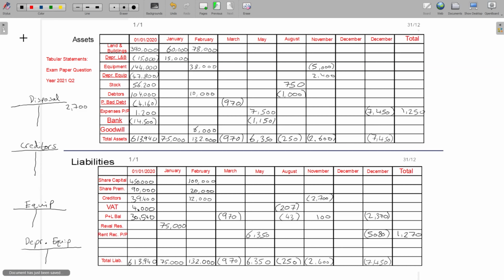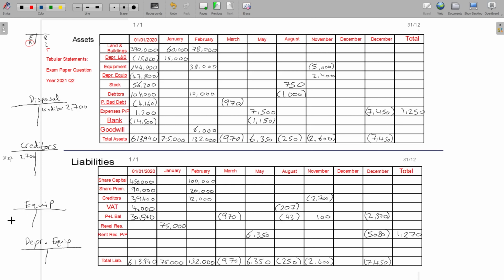And then we have our P&L. So if we are reducing our creditors, so creditors is a liability, if we're reducing it, it's going to be on the debit side. So 2,700 going to disposal. So that's the double entry. Now we'll use a different color.